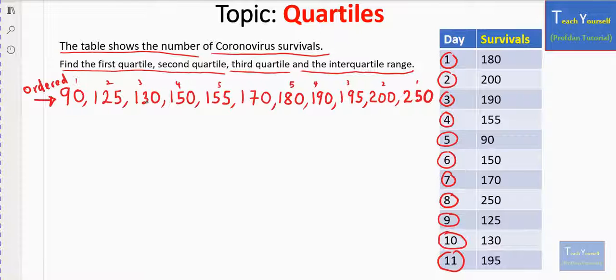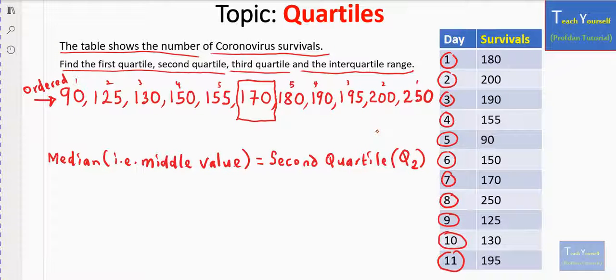So this appears to be the middle value, which is 170. So that middle value is what we call the second quartile. Our second quartile, which can be written as Q2, take note. So our Q2, the second quartile for this data, which is the median, is 170.